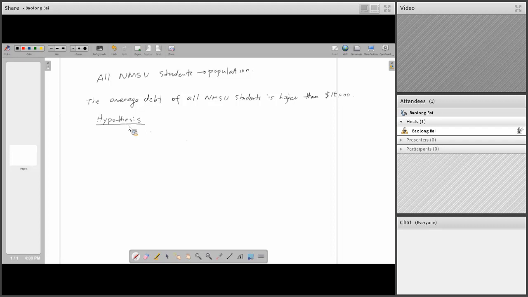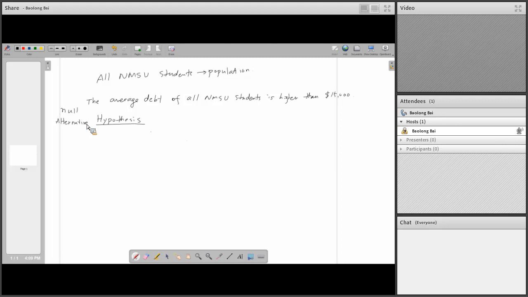Then hypothesis, we have 2 different types of hypothesis. We have null hypothesis, we have alternative hypothesis. So what kind of hypothesis is this? Can we tell if we're stating something being the same, or different?